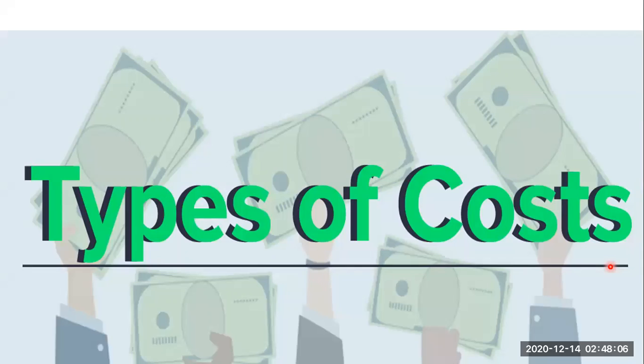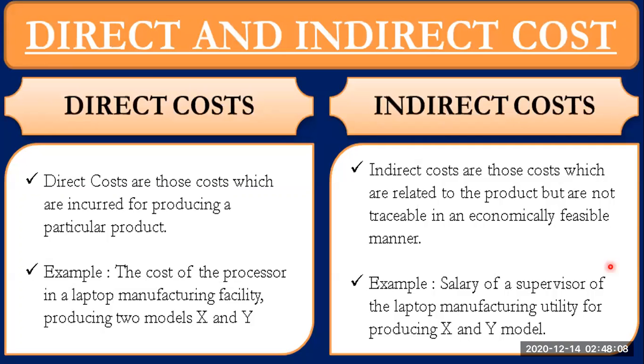Types of costs. We can divide or we can analyze cost according to the relation with the production. They can be direct costs, obviously directly connected with the production, or they can be indirect costs. Obviously, they are not directly connected to the production.